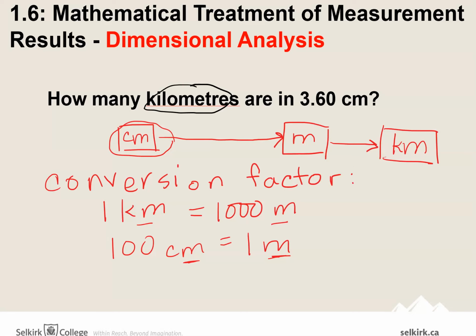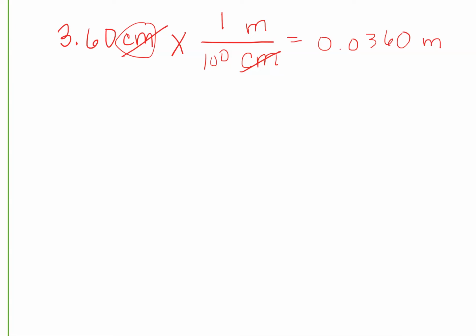At the intermediate stage of my calculation, I wanted to have meters, so now I'm at the midpoint on my map. So now my map tells me where to go in the next step. I want to get from meters to kilometers. So I can take the number of meters that I have, and I want to get how many kilometers.